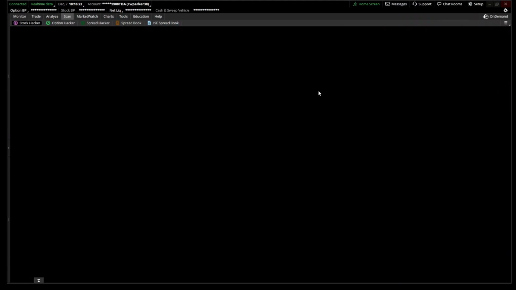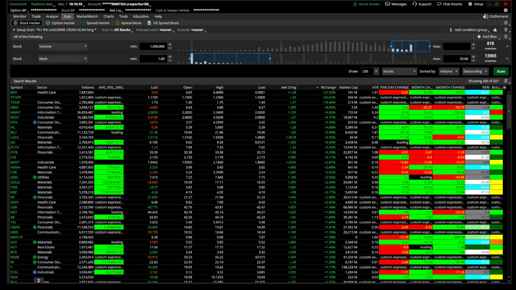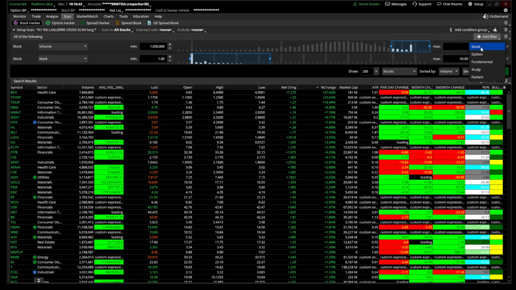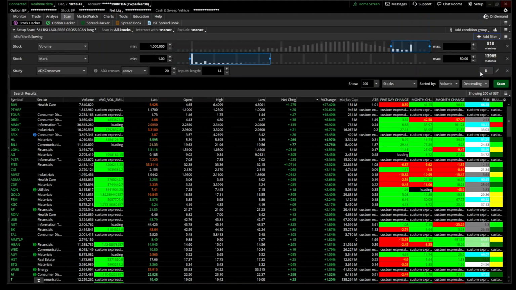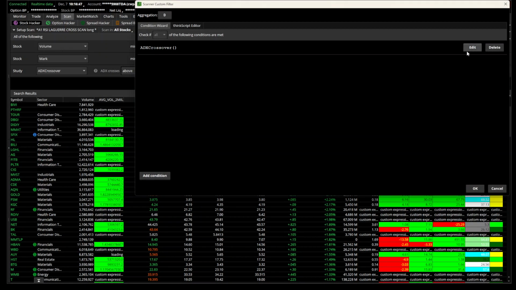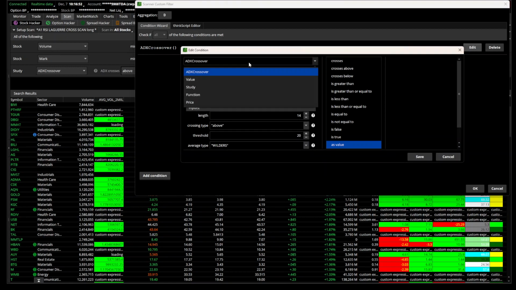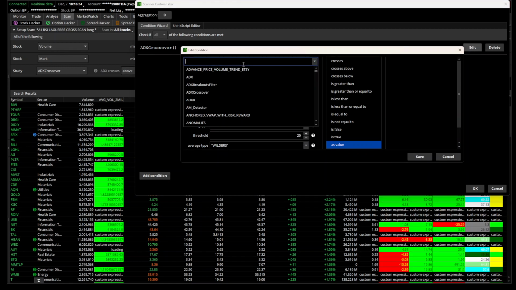So we go up to the scan. If I wanted to use any one of those indicators to scan, we'll just take the standard deviation volume, the lower indicator. Let's find it first.